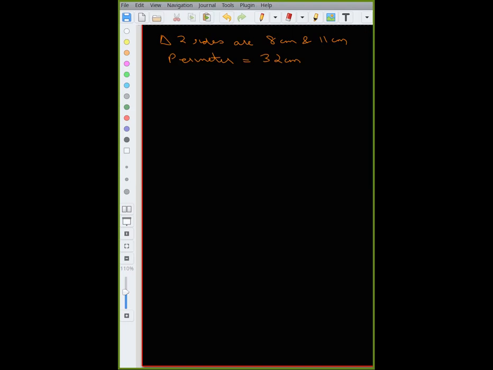Okay, just practice a little bit. Otherwise, you will waste a lot of time in calculating the square root part, right? Sharan, let's solve this.